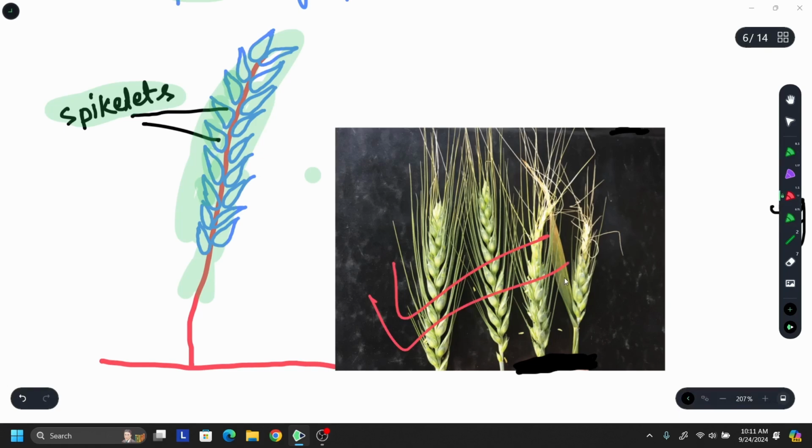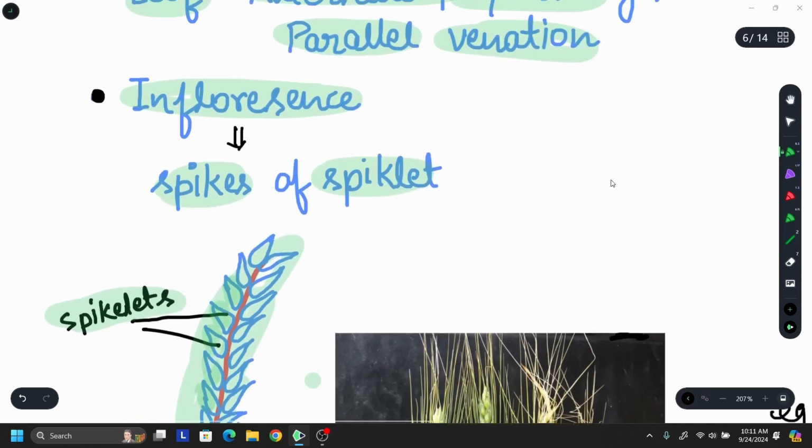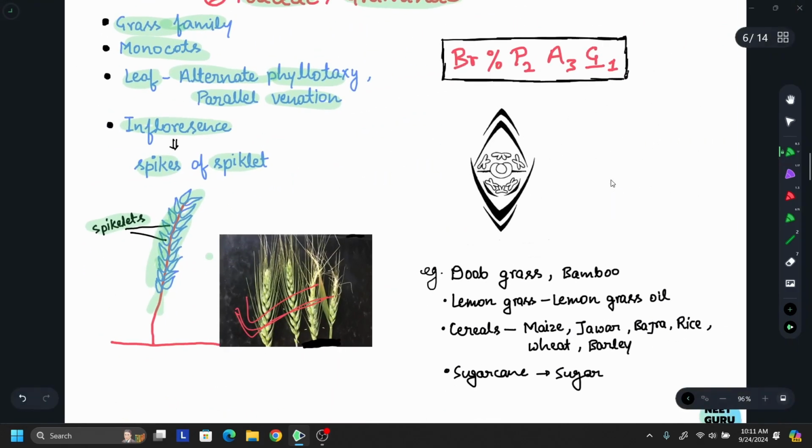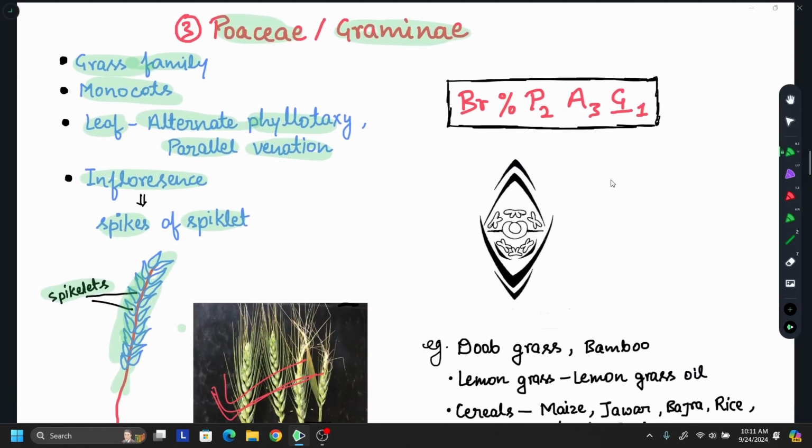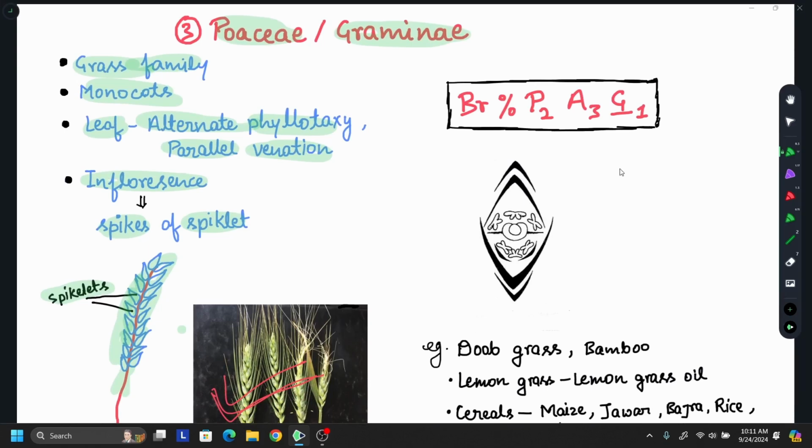You have seen this figure in the crop fields of wheat, if you live in an area that obviously has agriculture. If you live on the 100th floor, you might not have seen that, but that's okay. You have to learn that inflorescence here is spikes of spikelet.